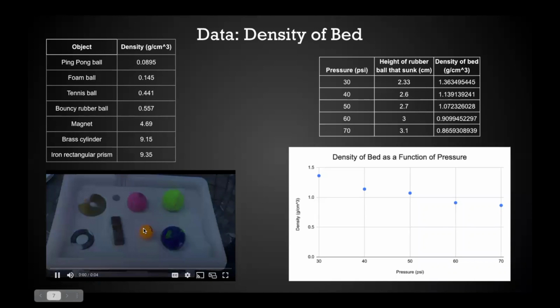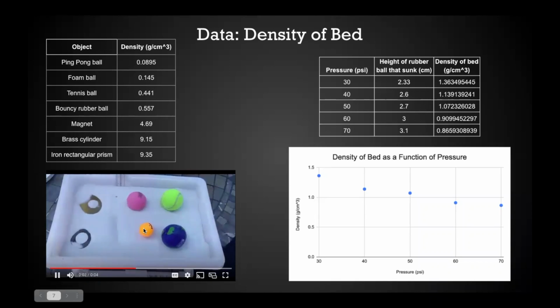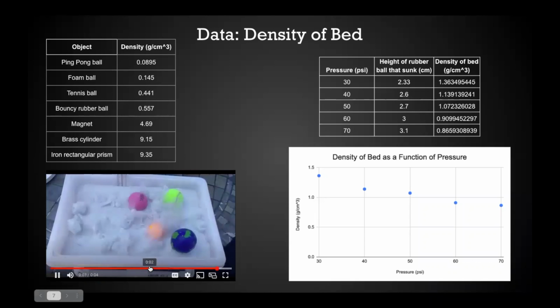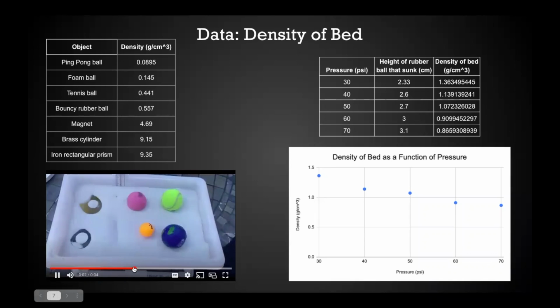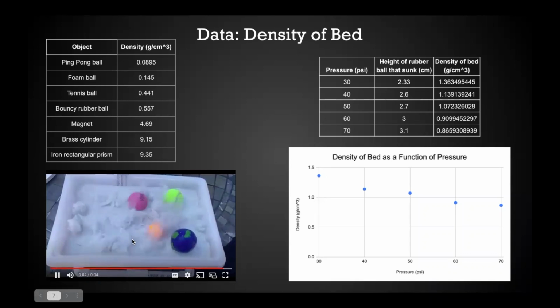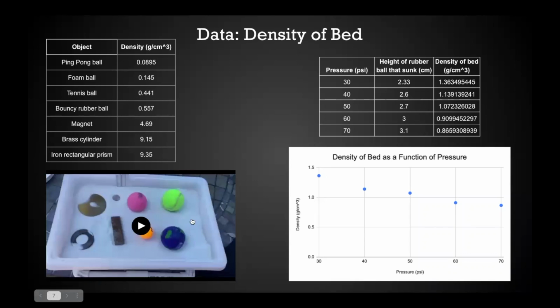As you see in the video on the bottom left, in slow motion, you can see the exact moment that the bed is fluidized, and some of the objects start sinking because they are more dense than the bed, whereas some objects start floating and bouncing. We also measured the density at various pressures, and as you see in the graph, as pressure increases, the density of the fluidized bed decreases.